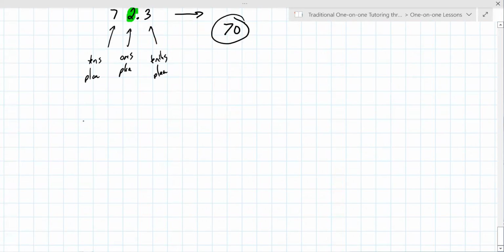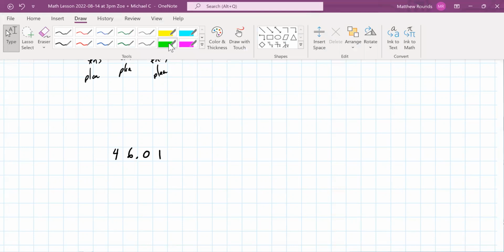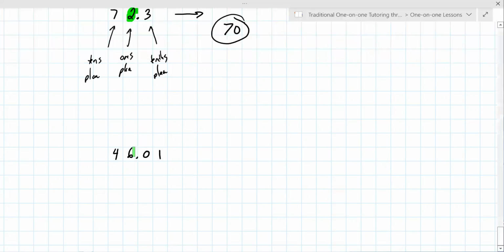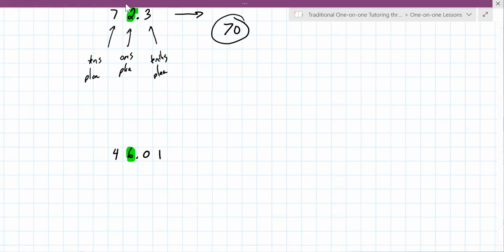Okay, so let's look at another one here. How about 46.01? Okay, which number is in the ones place? The 6. Does that mean it rounds up or down? Up.